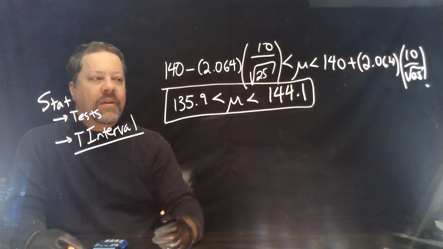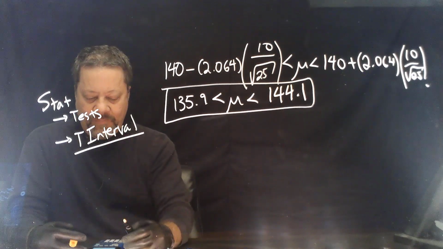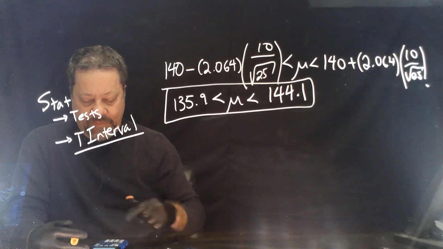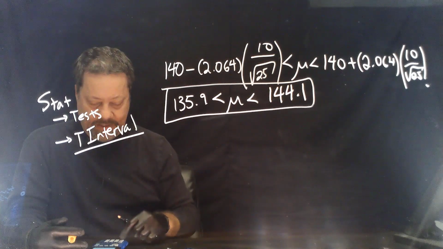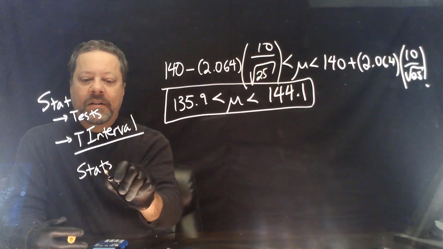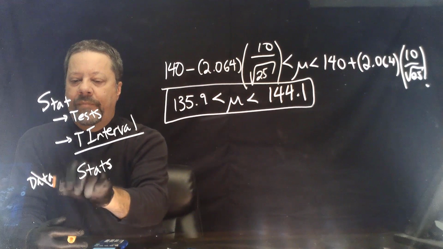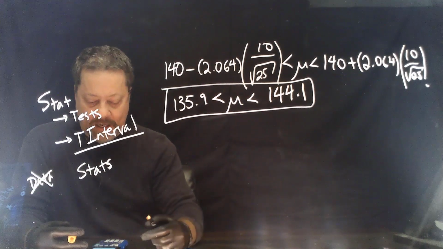In this case, you can either input some data that you have. Well, we don't have a list of data. All we have are the statistics. So we're going to use stats, not data.